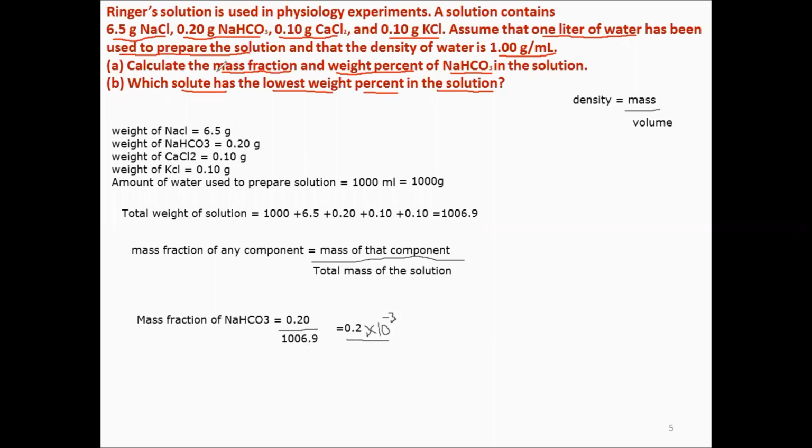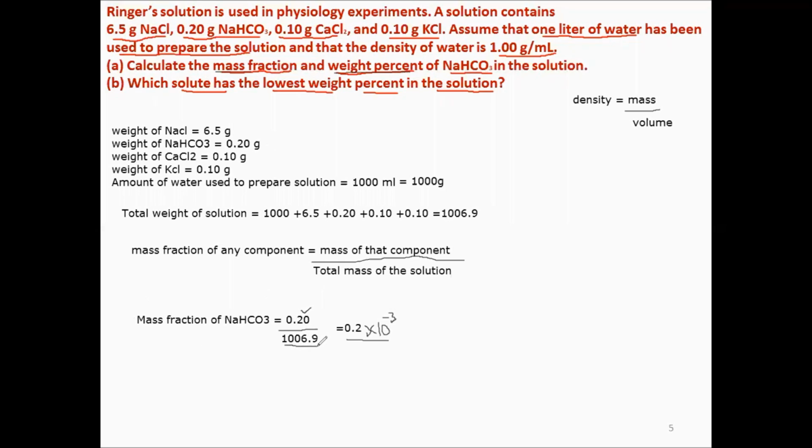So we have solved this part. Second, they have asked us to calculate the weight percent. Weight percent means per 100 gram. The mass fraction gives us the weight of sodium bicarbonate per gram. 1006.9 gram of solution contains 0.2 gram of sodium bicarbonate, and 1 gram contains 0.2 divided by 1006.9.